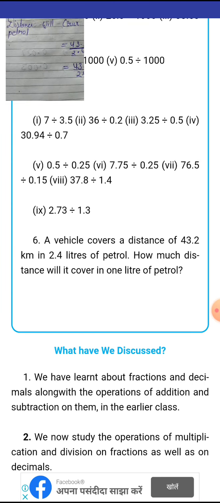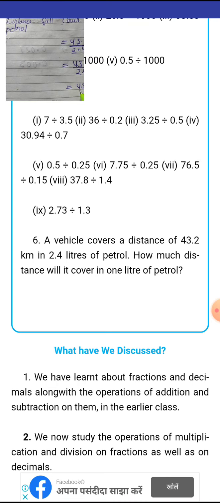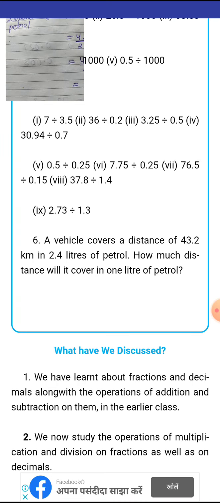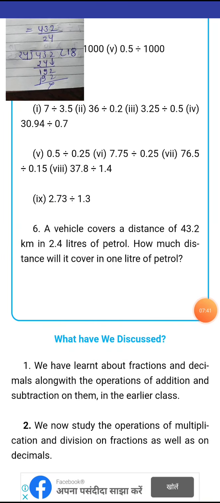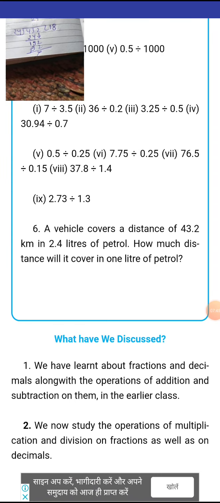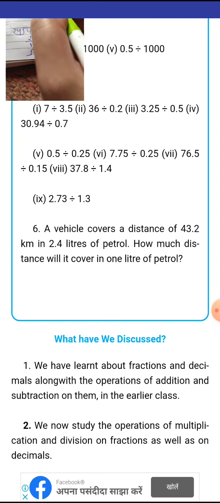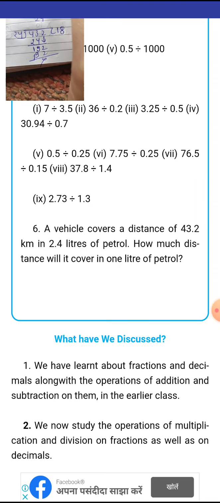So when we multiply our denominator and numerator by 10, we have 432 in the numerator and 24 in the denominator. Then we simply divide 432 by 24. After the division we have 18 as our answer. So the distance it will cover in 1 liter of petrol is 18 kilometers.